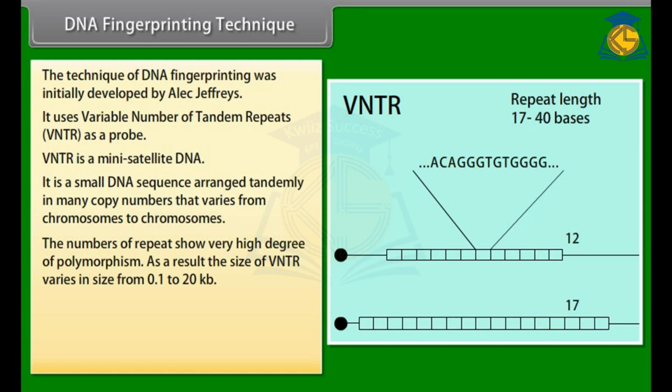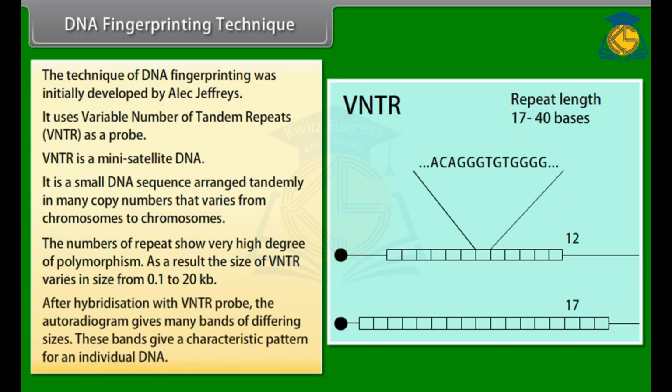As a result, the size of VNTR varies from 0.1 to 20 kb. After hybridization with the VNTR probe, the autoradiogram gives many bands of differing sizes. These bands give a characteristic pattern for an individual's DNA.